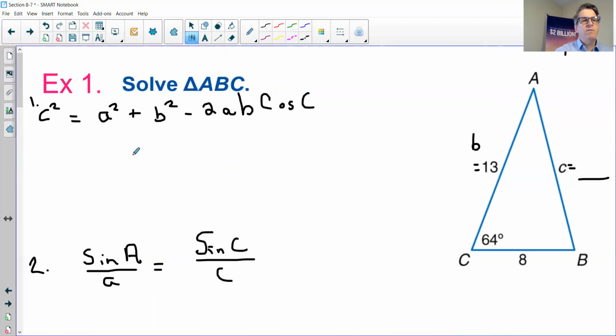So c squared is equal to a squared plus b squared minus 2ab times the cosine of C. That puts c squared equal to 8 squared plus 13 squared minus 2 times 8 times 13 times the cosine of 64.